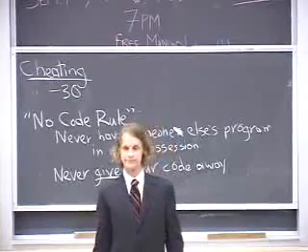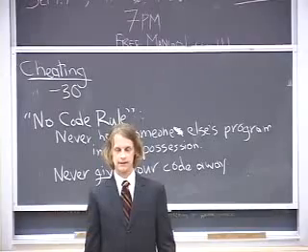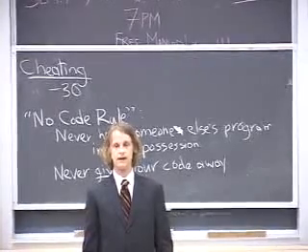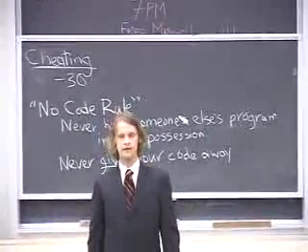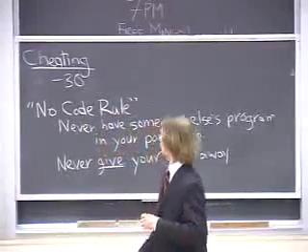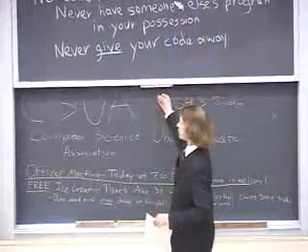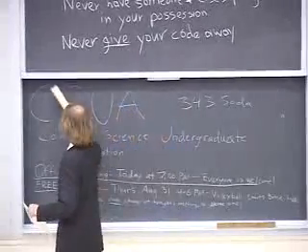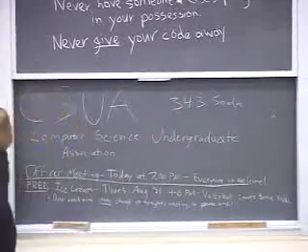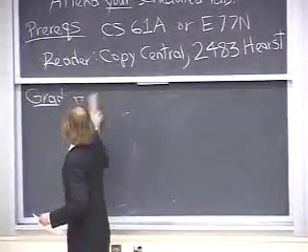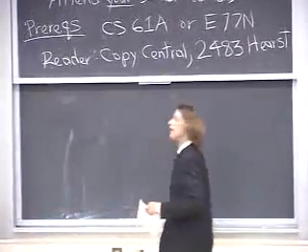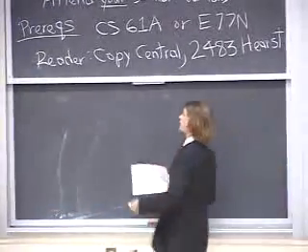Yeah? Will we ever have projects where we have to work on code together, and will we have to show which parts we did? Thank you. I'm glad you reminded me of that. I almost forgot to tell you. So, group projects. The projects break down like this.